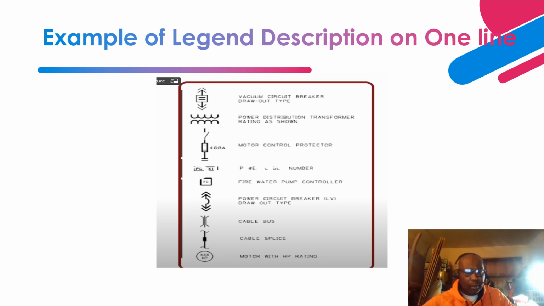you have the symbols. What it means is a draw out vacuum circuit breaker, and usually it is on medium voltage switchgear level.